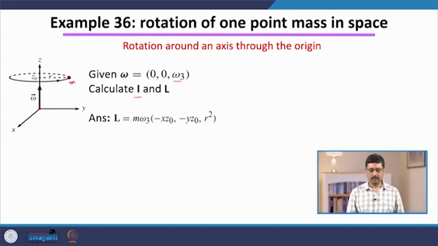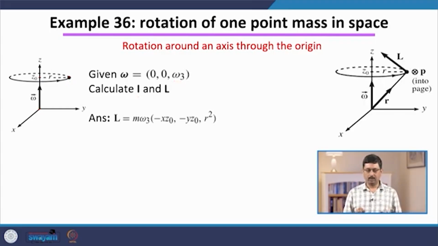Before going to the calculation, let me show you pictorially that we shall find that the angular momentum has directions different from the angular velocity. We know that angular momentum is given by r cross p.